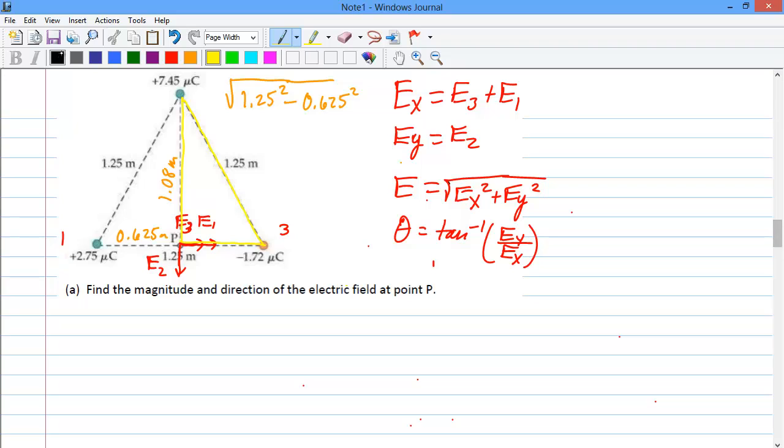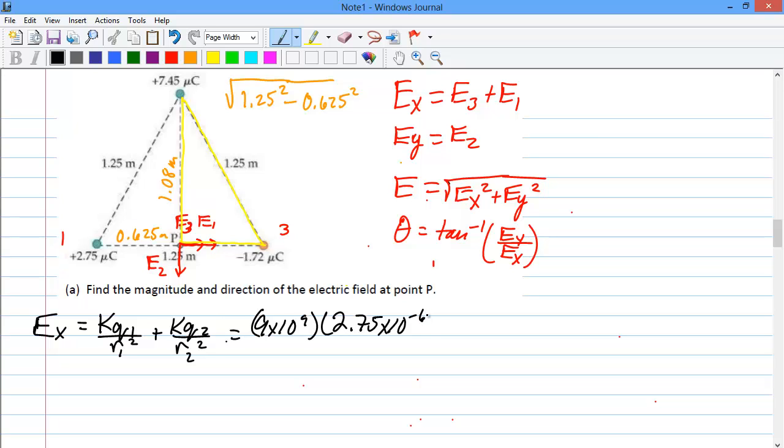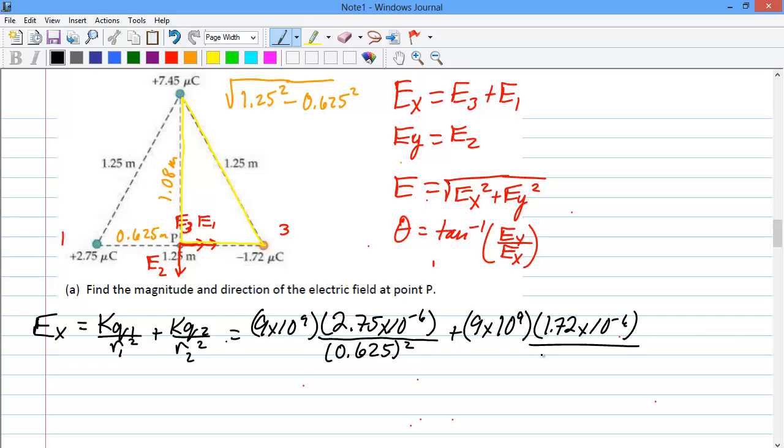So now all I have to do is find my EX. EX is equal to KQ1 over R1 squared plus KQ2 over R2 squared, which is 9 times 10 to the 9, then I have Q1 is positive 2.75 times 10 to the negative 6 divided by the distance, which is 0.625 squared, plus 9 times 10 to the 9 times 1.72 times 10 to the negative 6 divided by 0.625 squared.